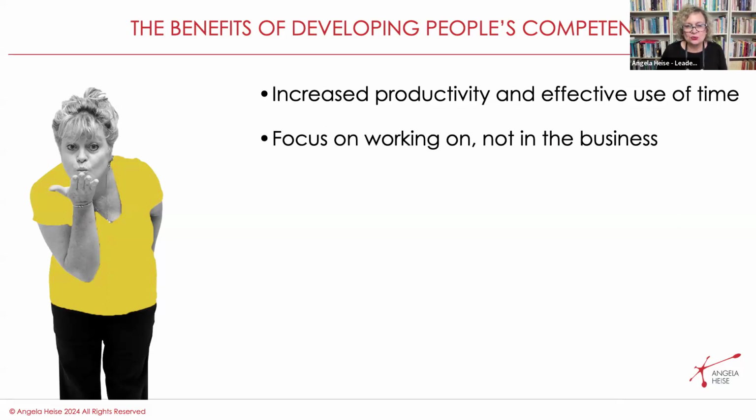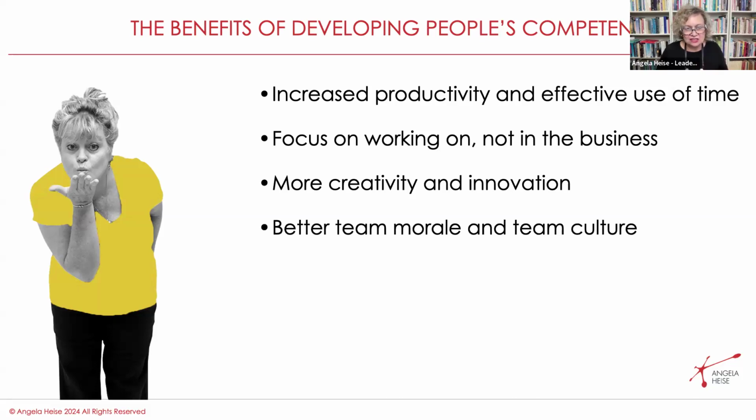So that means when you manage people on their level of competence, you get more creativity and innovation, because people really want to participate. That means you're creating great team morale and a great team culture, because when people feel heard and understood and valued, again, they will stay around. And what they want to do is develop themselves further, which is great for you because it means you can make yourself redundant.